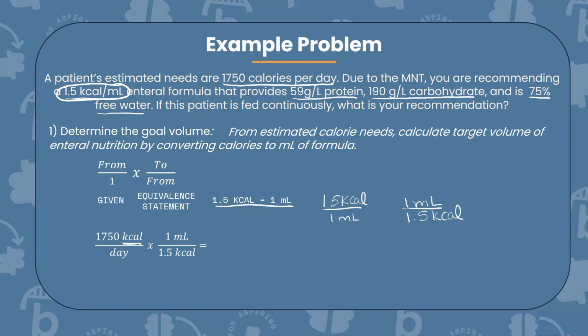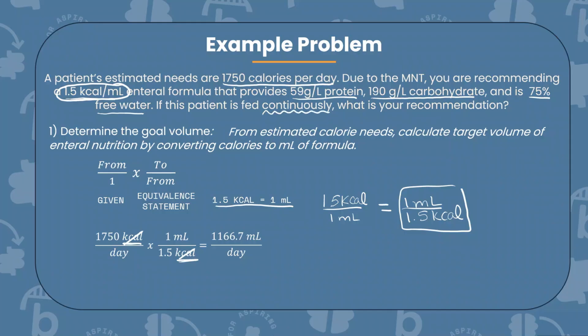So since I want to convert from kilocalories, kilocalories goes in the bottom, and we'll use this equivalent statement right here. These two fractions are equal to each other, but we want kcals on the bottom so that it cancels out so we can convert from total calories to milliliters of formula. So this patient needs 1,166.7 milliliters of this formula every day.